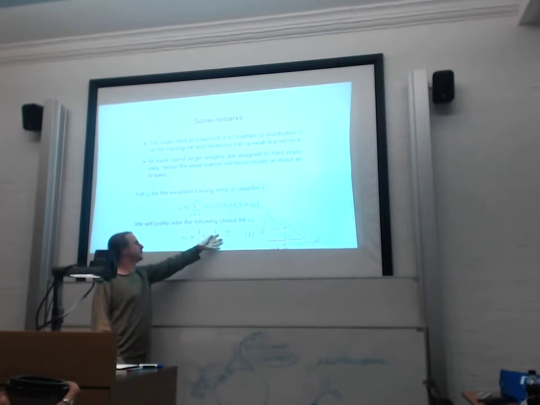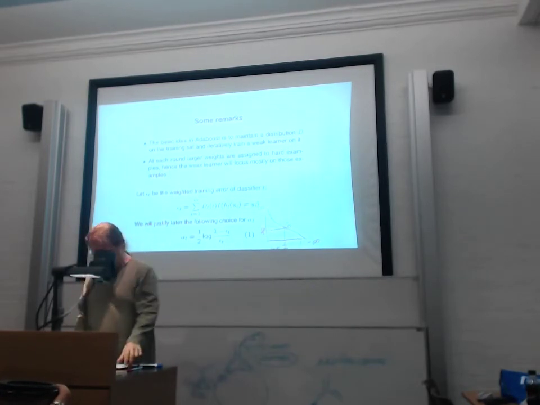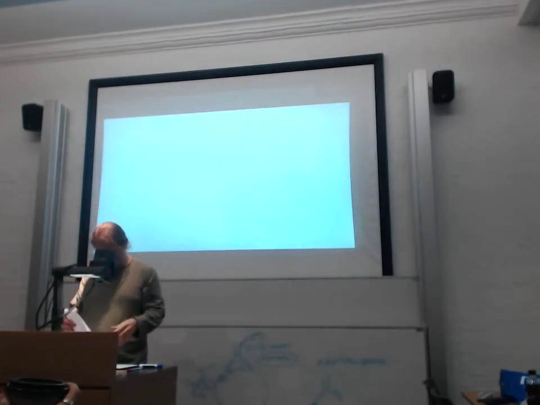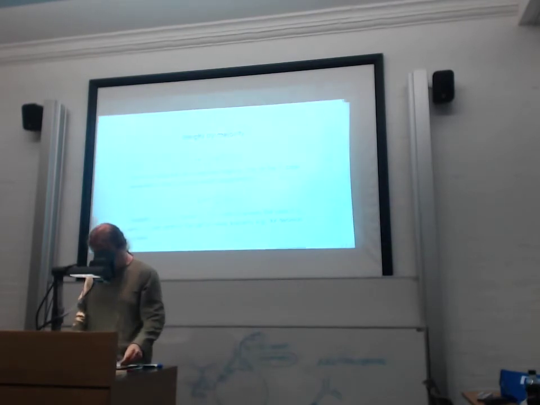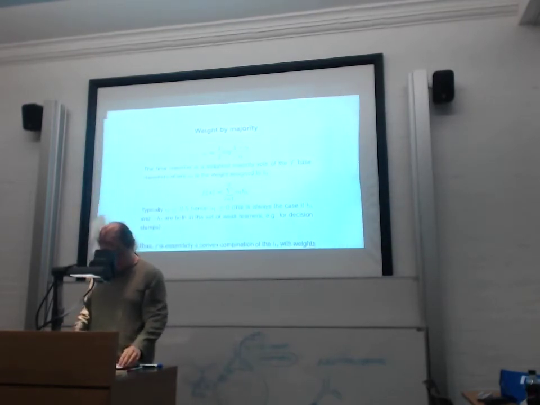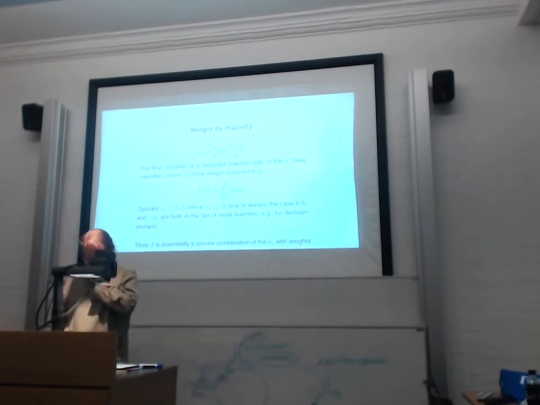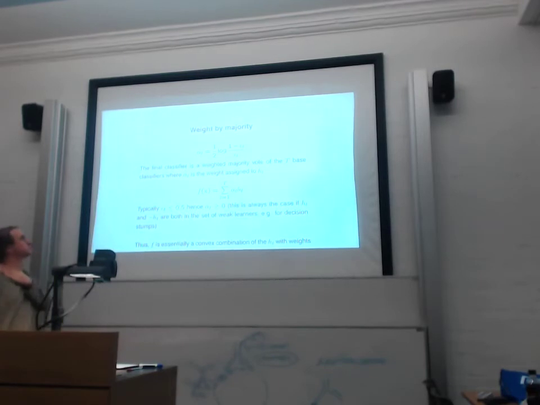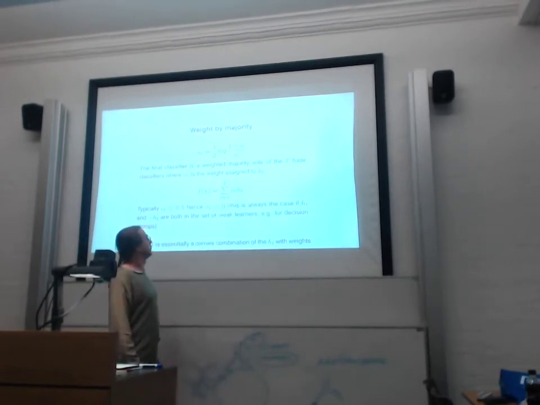For things which are wrong, the error goes to a half, and so this goes to 0. So the final classifier we're learning is just this linear combination of the weak classifiers.